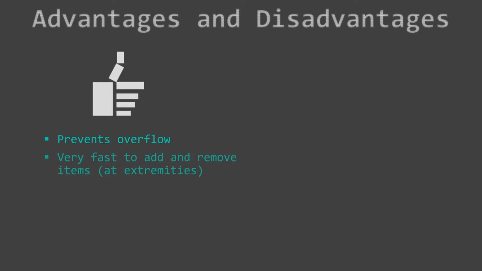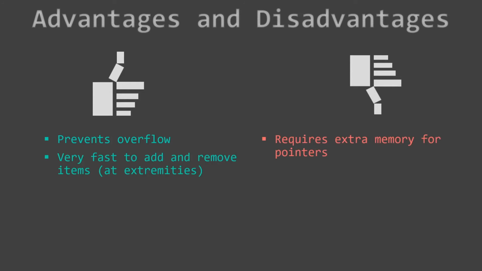So, with all this in mind, what are the advantages and disadvantages of using this data structure? The advantages are: prevents overflow since it does not use contiguous memory. Very fast to add and remove items at the extremities of the sequence. The disadvantages are: they require sufficient memory to store the necessary pointers.